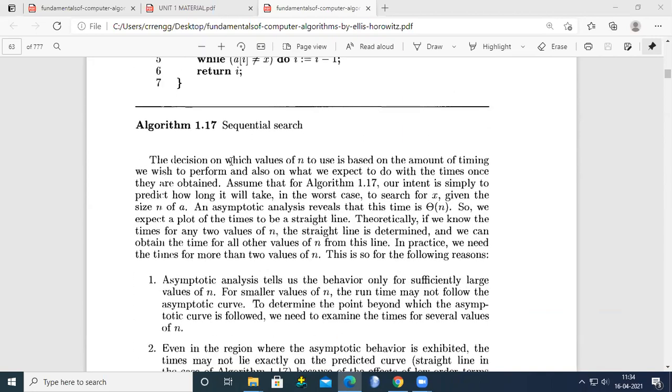The decision on which values of n to use is based on the amount of timing we wish to perform and also on what we expect to do with the times once they are obtained.